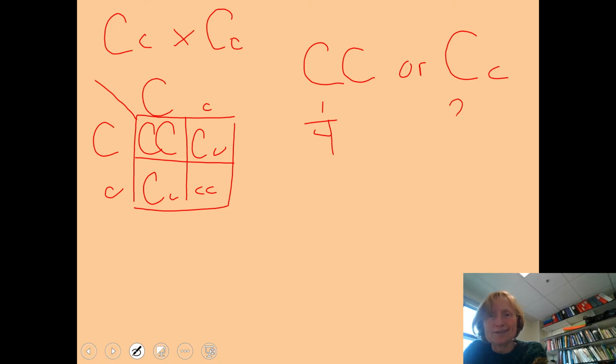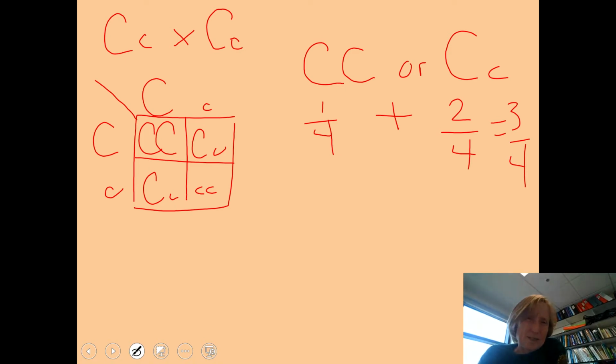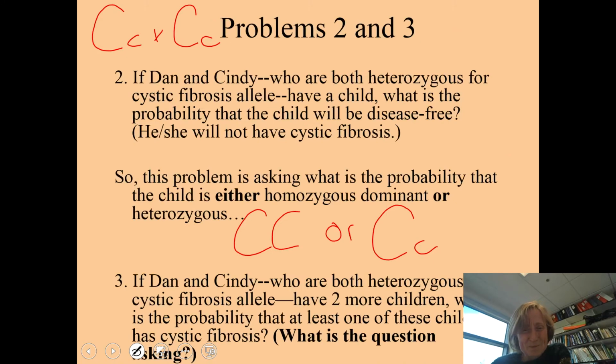So what's the probability of having a child that is disease-free? 3 out of 4, 3/4. We could have just looked at the Punnett square for this, but the math does get harder, and I just wanted to show you a simple problem.